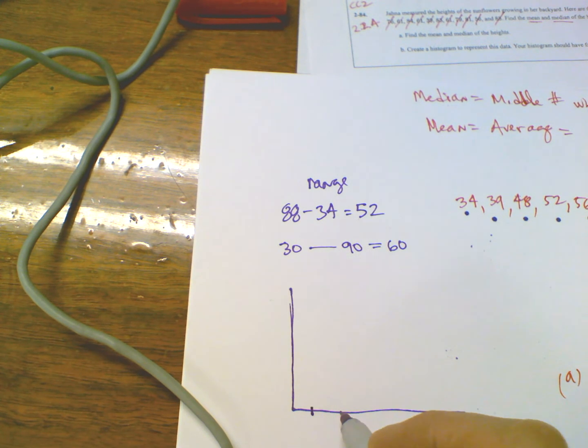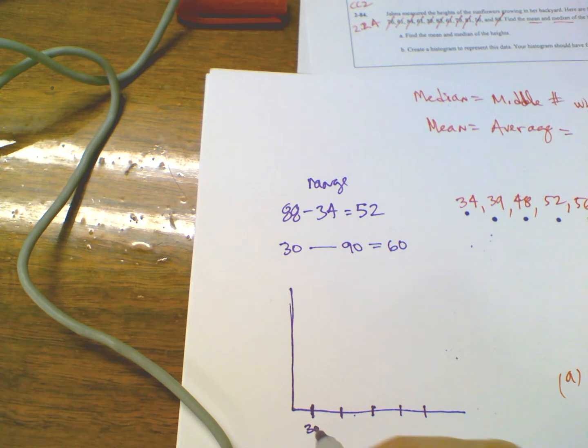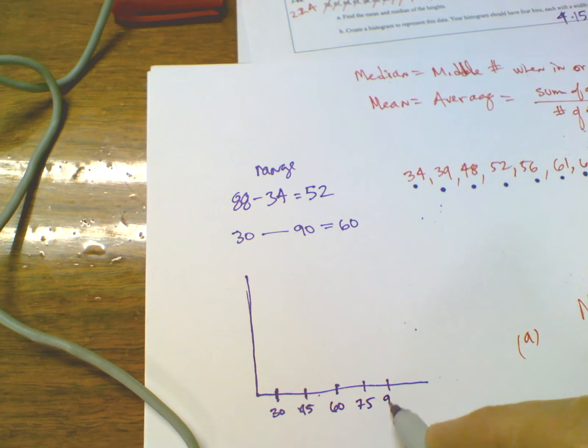I need 4 bins. 1, 2, 3, 4. So if I start on 30, my next one would be 45, right? So that's this bin. And then my next one here would be 60, then 75, and then 90.